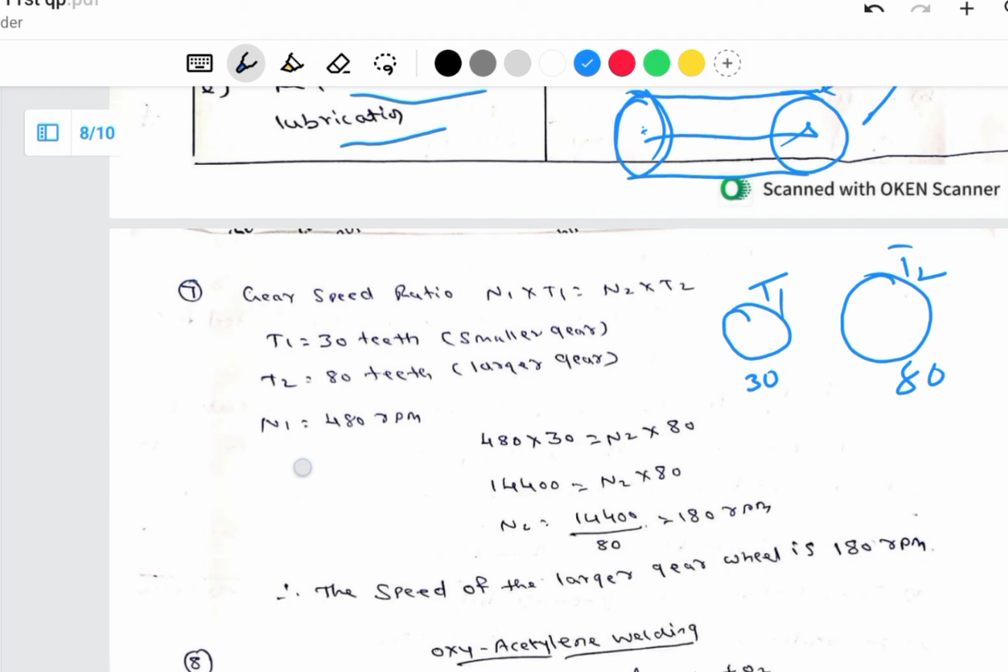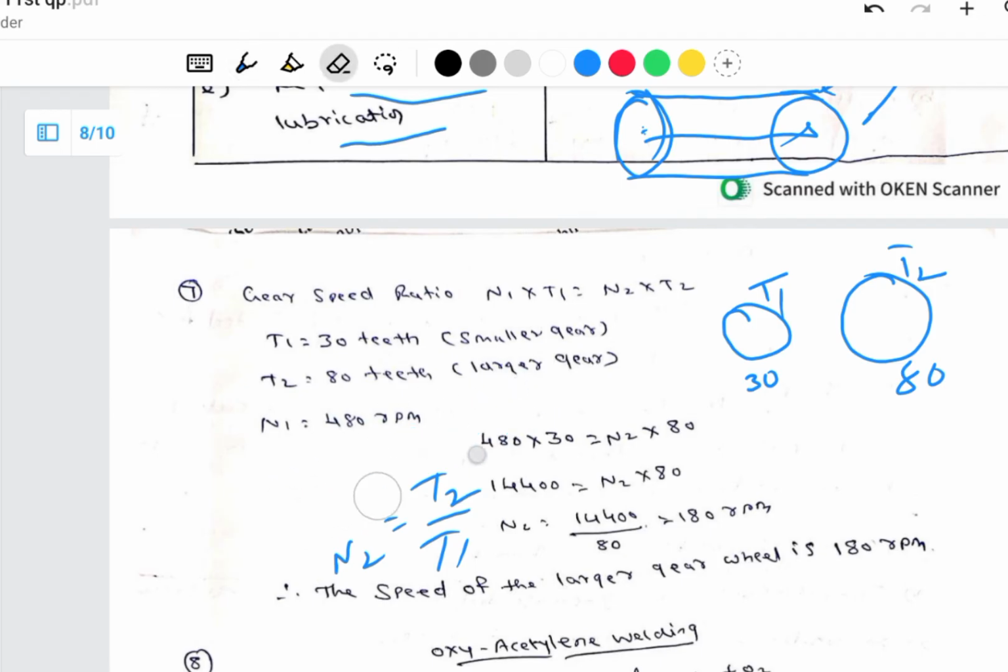The formula is N1 T1 equals N2 T2, or else you can write N1 divided by N2 equals T2 divided by T1. Both formulas are correct.